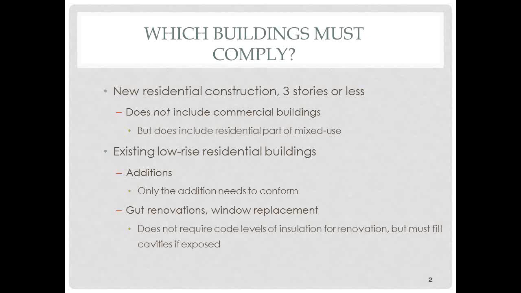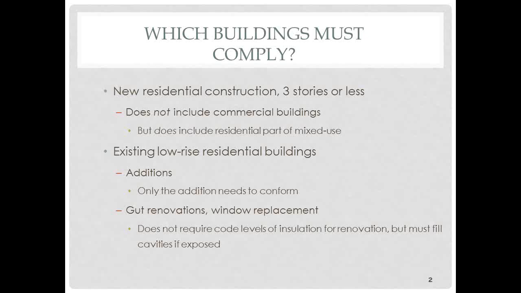Basically, any changes in the building should trigger at least the question of whether the work you're doing falls under the scope of the code. Gut renovations will require some kind of code-related action, typically.